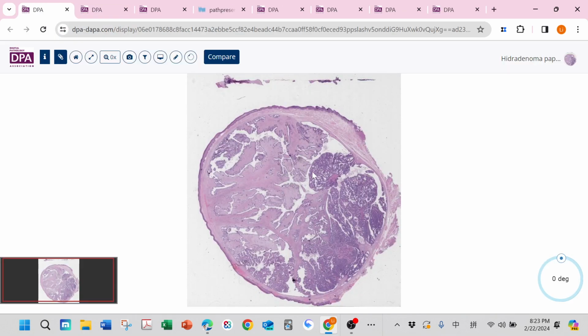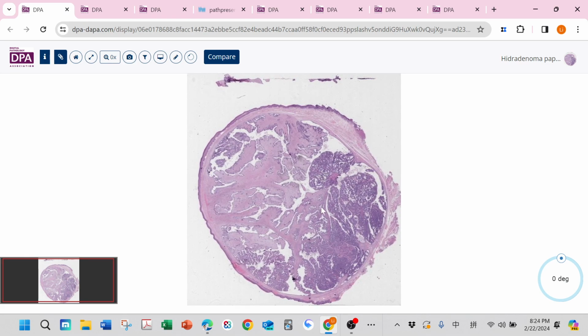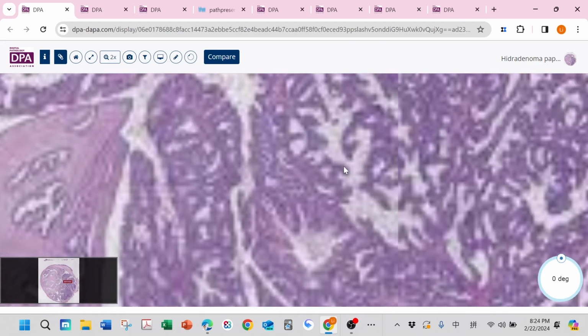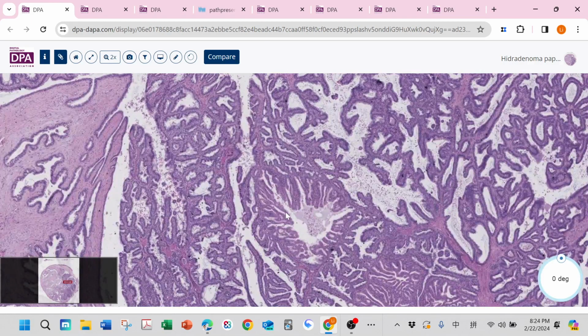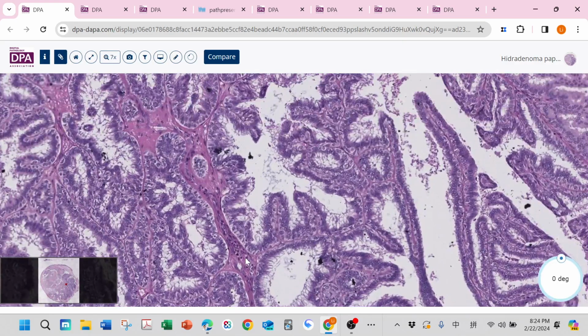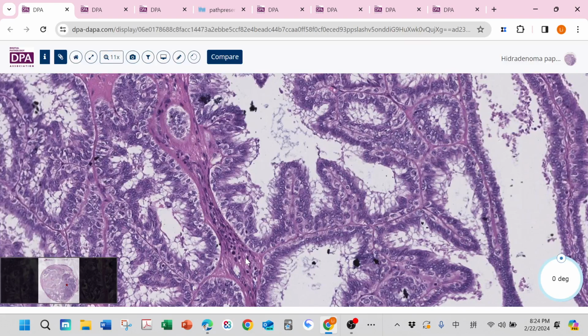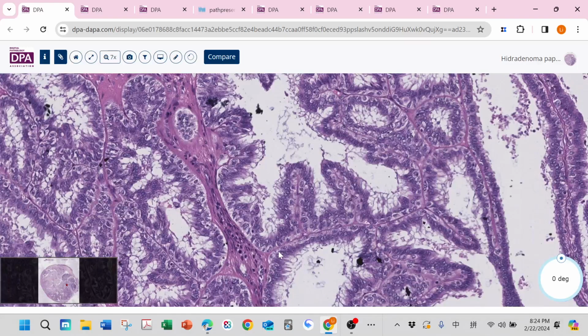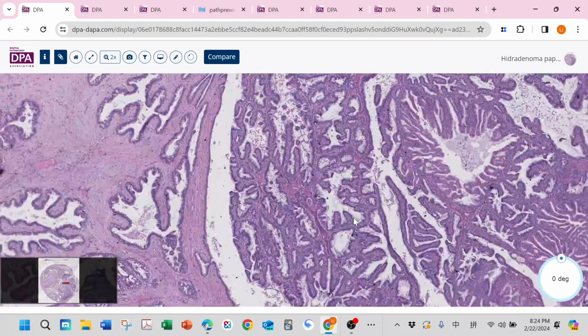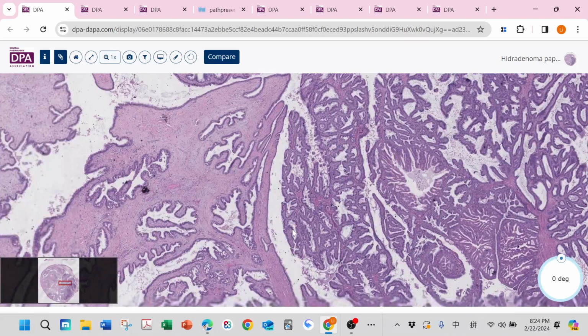I will just show you more examples. Maze-like structure. At high power, you can see they have kind of a two-cell layer. This one has more of this papillae structure, but it doesn't matter.